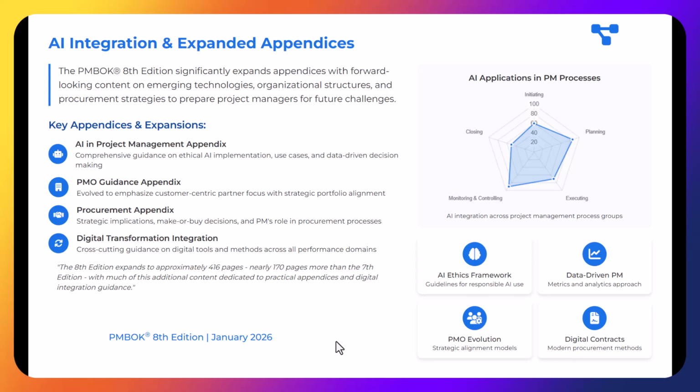And when we're looking at our processes, I can tell that AI will have major impact to a number of them. Mostly on the monitoring control side, from what I gather.